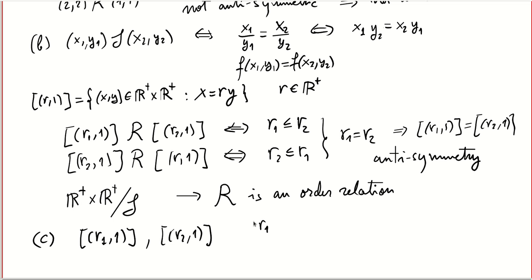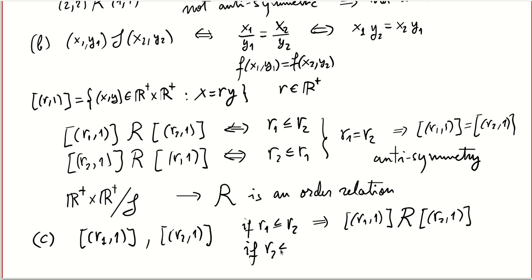So if this happens, then this class will be related to this class. And if the opposite happens, then it is the other way around. It's this class that is related to this class.